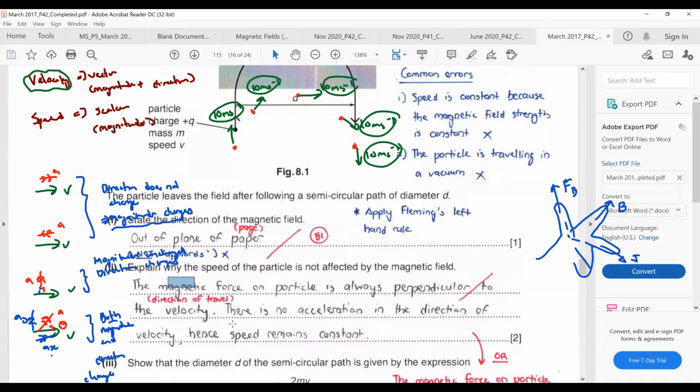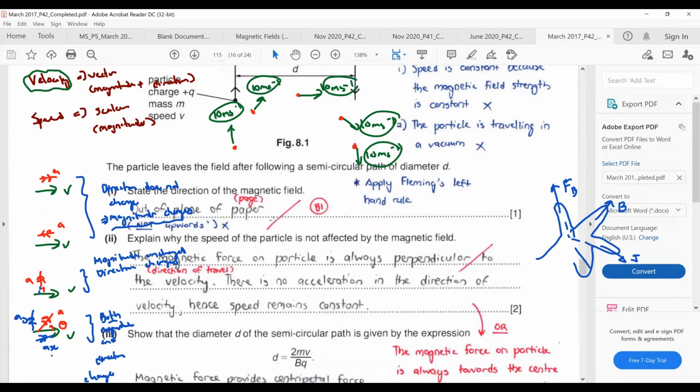Hence, your speed remains constant because the magnitude did not change. But here it's worded as this: because the magnetic force is perpendicular to velocity, there's no acceleration in the direction of the velocity, hence the speed remains constant. The force causes acceleration, and the acceleration is always in the direction of your magnetic force.